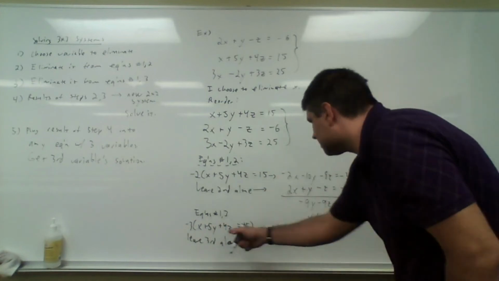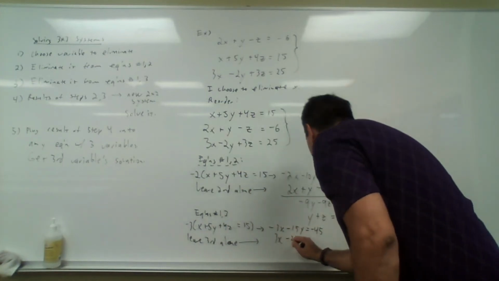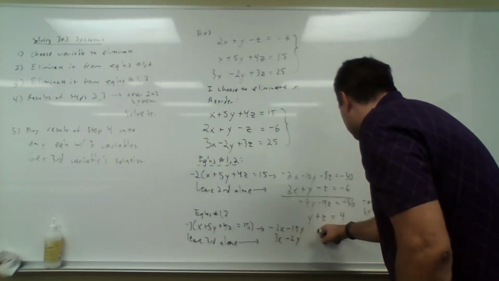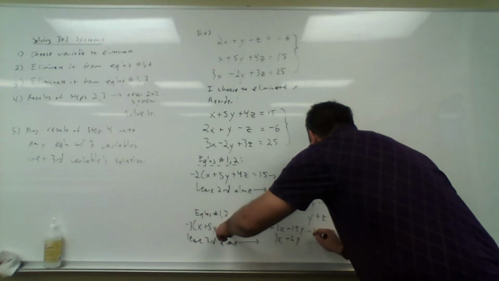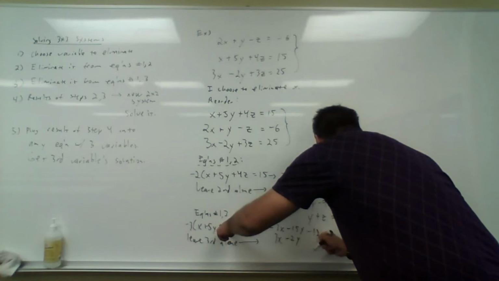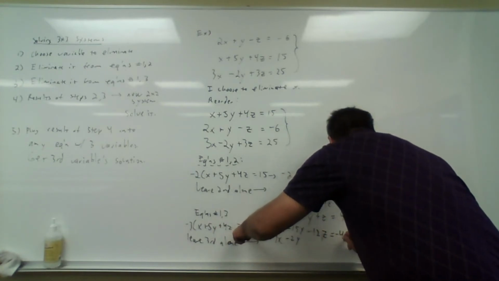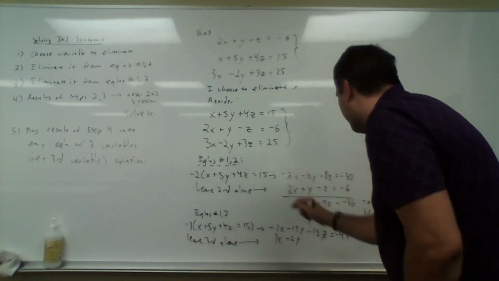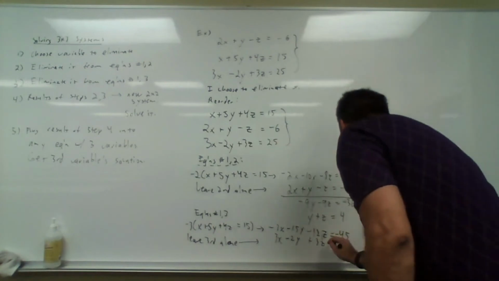This is good, and then I'm going to copy the third as is: 3x minus 2y plus 3z equals 25.